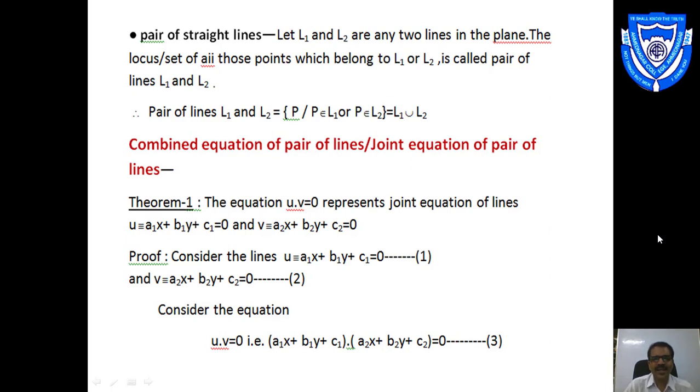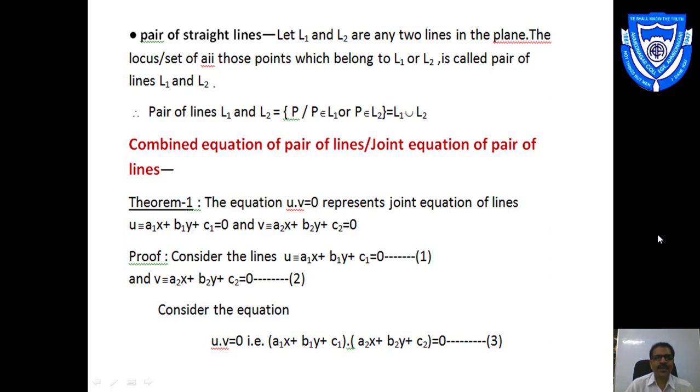Here line L1 can be considered one set, line L2 another set, and whenever we take the points on L1 and L2 together, whatever new collection is generated is called the pair of straight lines L1 and L2.